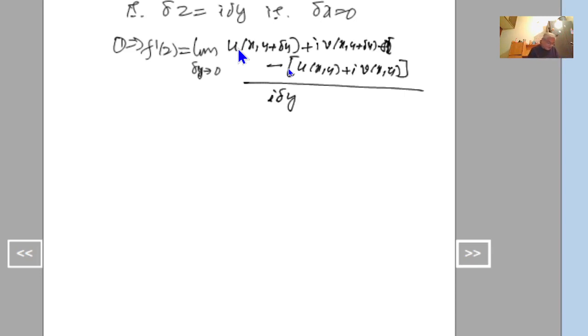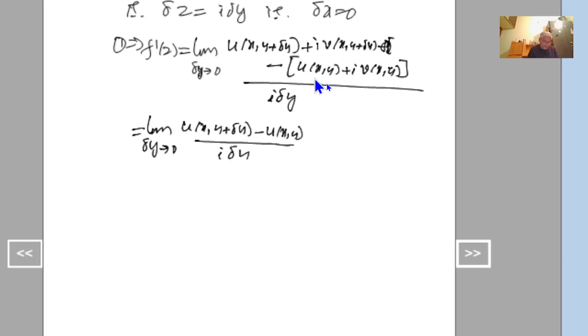And I will write this as limit delta y tends to 0. I will write this as u of x comma y plus delta y minus u of x comma y divided by i into delta y, plus I will take the separate denominator.